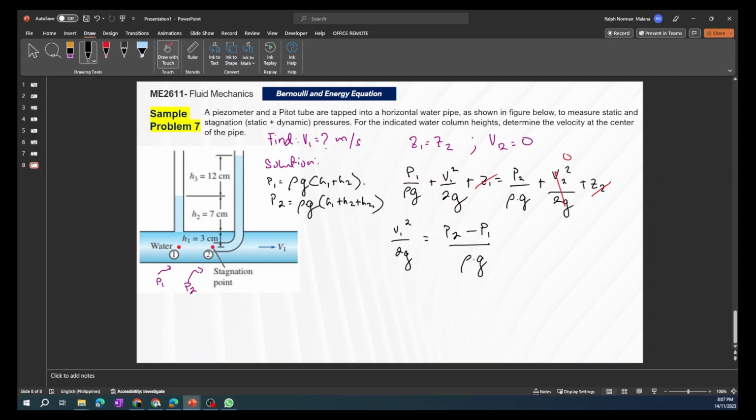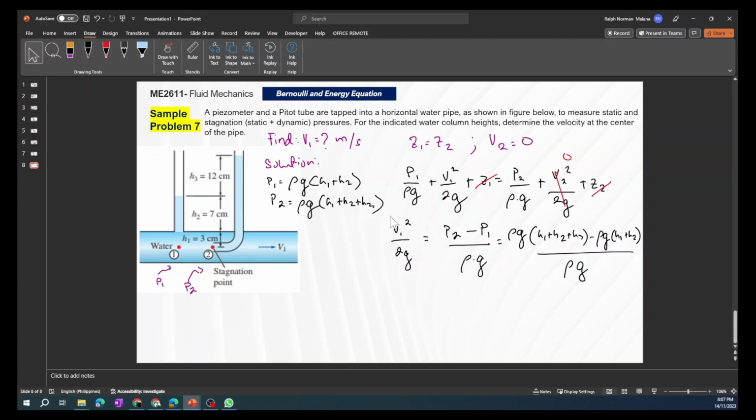And we can now substitute our equations here. That will give us P2 minus P1 is simply rho g times H1 plus H2 plus H3 minus H1 plus H2.